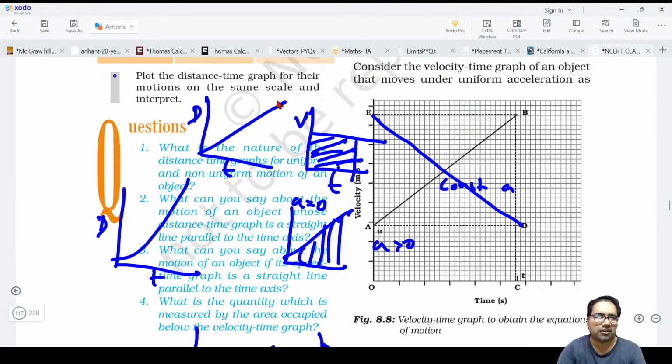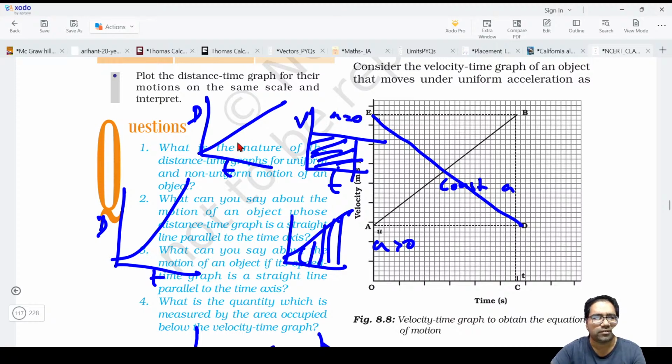Distance time is constantly increasing. That means velocity is constant, and that means acceleration is 0. These three will make one part: distance time, velocity time, and a equals to 0. Constant velocity, a equals to 0 is here.